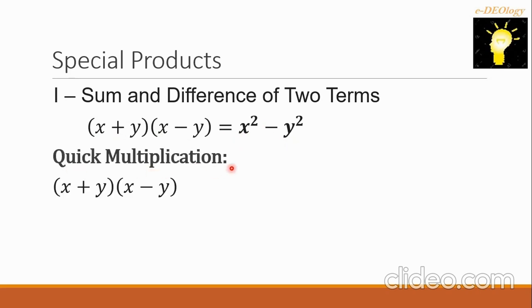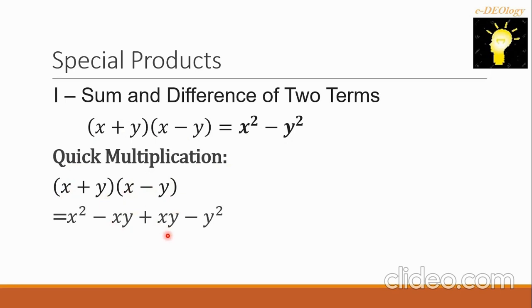Let's have a quick multiplication for this x plus y times x minus y. So we multiply x by x, we will get x squared. We multiply x by the negative y, we will get negative xy. The y multiplied to x, we will get yx, or we can put xy to show the similarity with the other term.